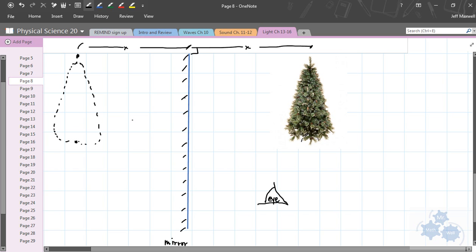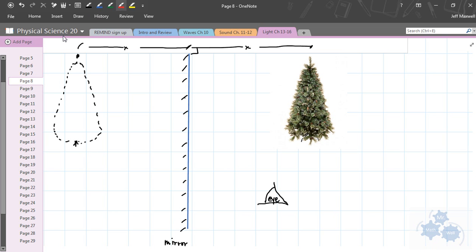Oops, I got a little bit sideways there. Okay, here's the image. Bottom of the image. Dotted. And what we're going to show is how the eye sees this.